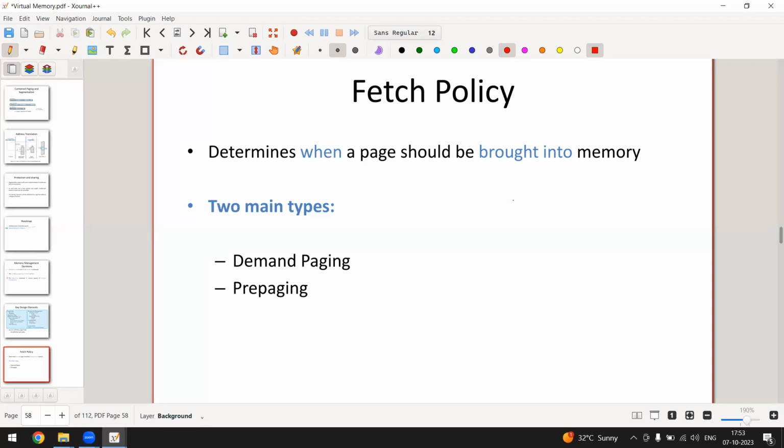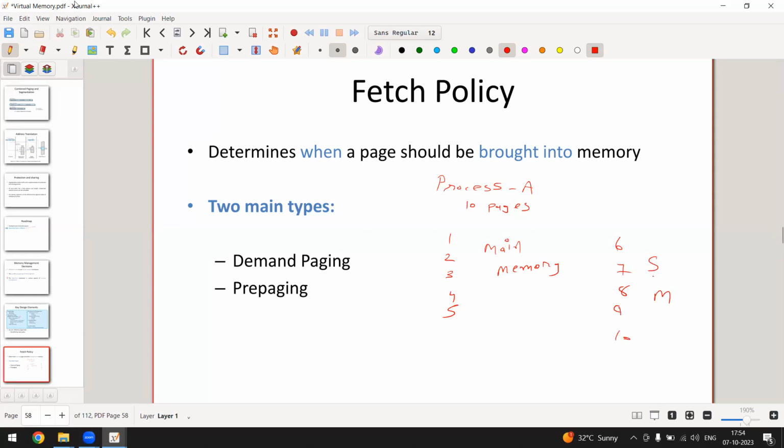If I talk about, let's say, process A, let's say process A has 10 pages. From the 10 pages, 5 pages are in main memory. Remaining 5 pages are in the secondary memory.